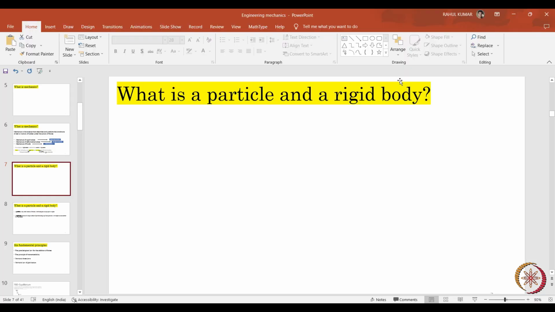So, in engineering mechanics, when we solve problems, we usually see the words particle and rigid body. Why do we usually say a particle is moving in this direction, a particle is moving in that direction? What is the benefit of taking this assumption?